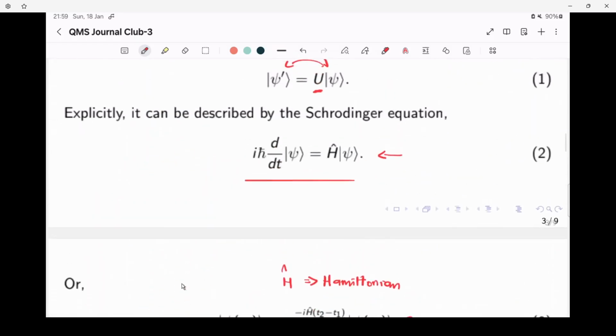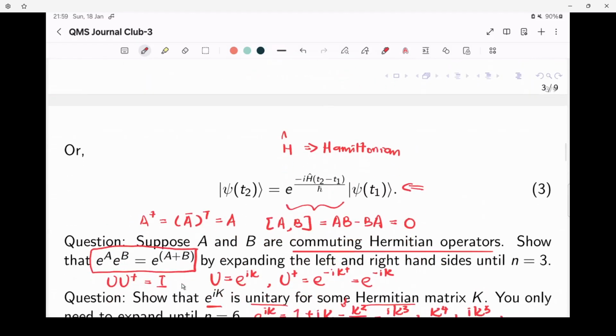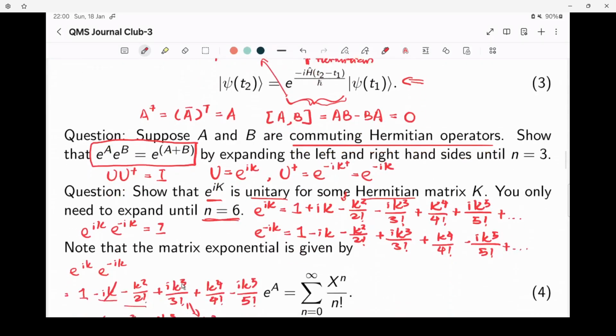Which is why when you look back at your solution number 3, your Hamiltonian has to be Hermitian, so that the whole exponential term over here generates a unitary transformation. So that's the idea of this particular exercise.